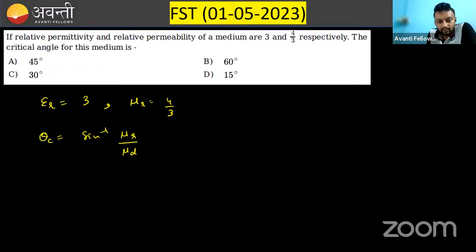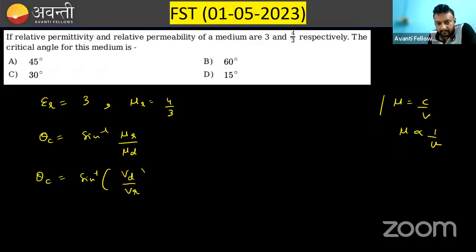So you need to change this relation in terms of speed. You know that mu is equal to c by v, or you can say mu is reciprocal to v. So mu of rarer over mu of denser becomes the velocity in the denser medium to the velocity in the rarer medium. This is the relation in terms of velocity. Now the other medium is not mentioned, so we are assuming it to be air.